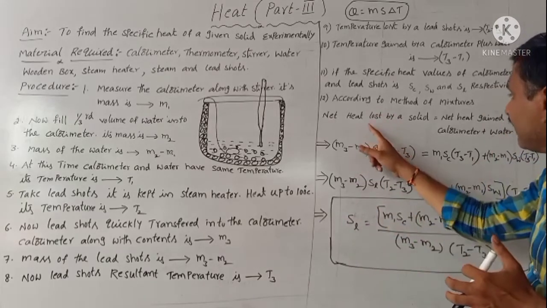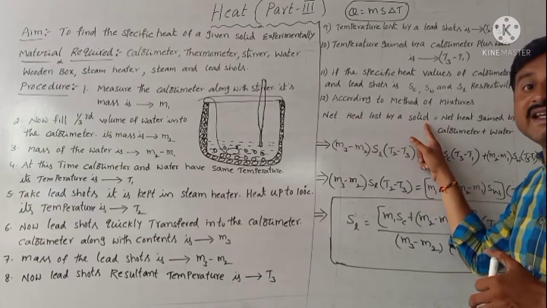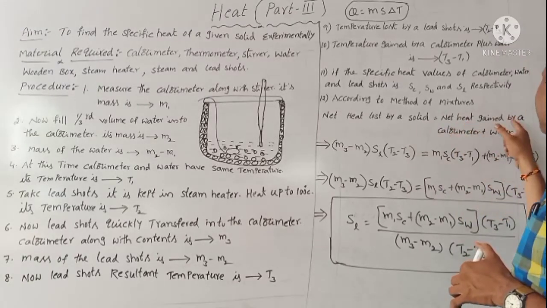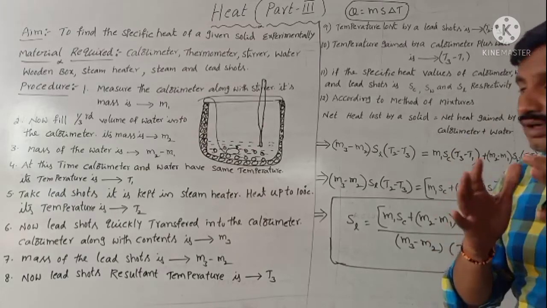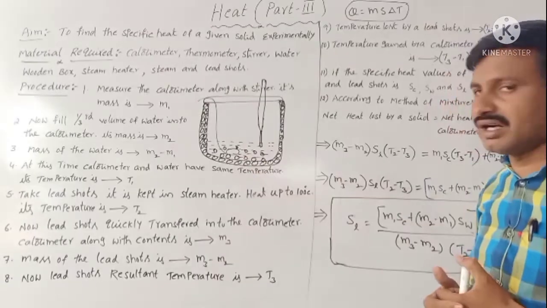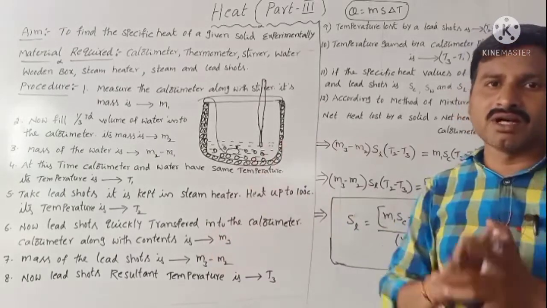According to the method of mixtures, the net heat lost by the solid is equal to the net heat gained by the calorimeter plus water. Here the body losing heat is the lead shots, and the bodies gaining heat are the calorimeter and water.